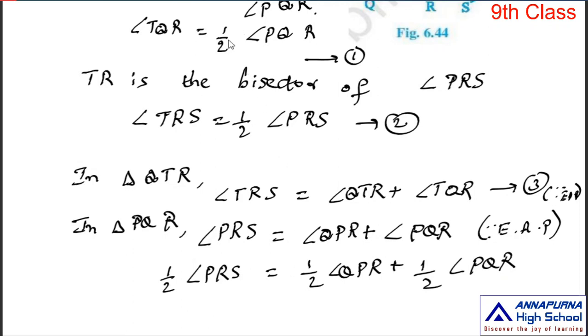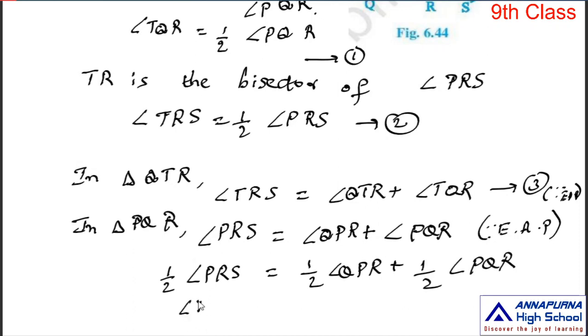Substitute half into angle PQR is equal to angle TQR, and half into angle PRS is equal to angle TRS by using the second equation.